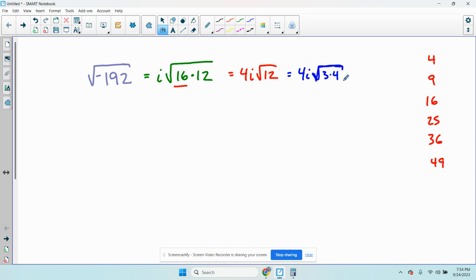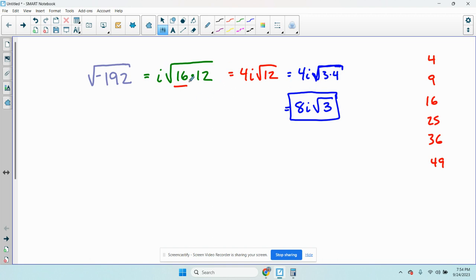And 4 is a perfect square again, so I can take that out. The square root of 4 is 2. So if I multiply the 2 by the 4 out front, this whole thing becomes 8i root 3.